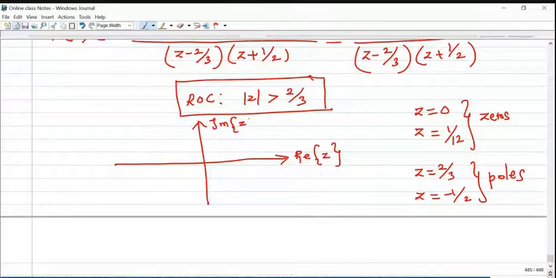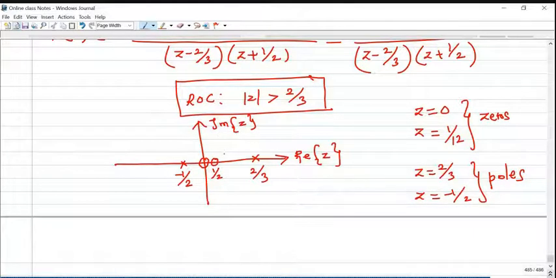Y-axis, imaginary part of z. z equal to 0 at the origin, z equal to 1/12: two zeros marked. z equal to 2/3, let us assume this is the point 2/3. z equal to minus 1/2.